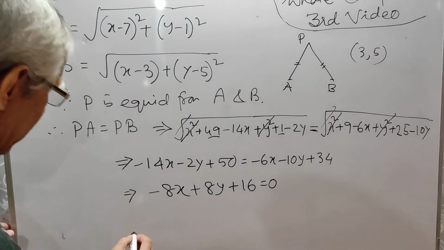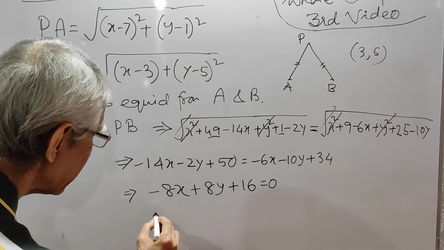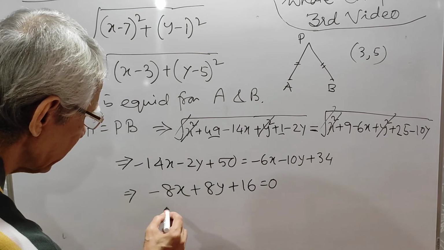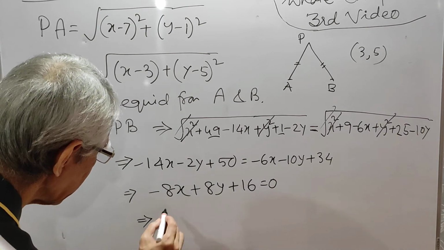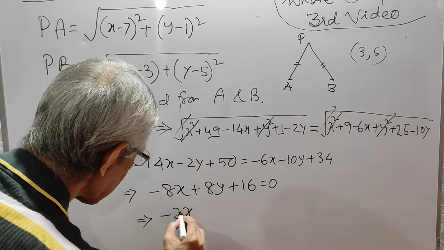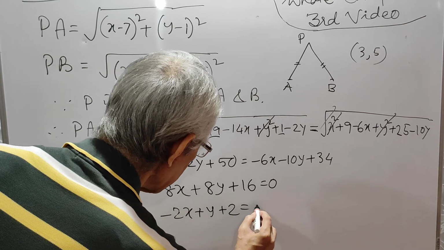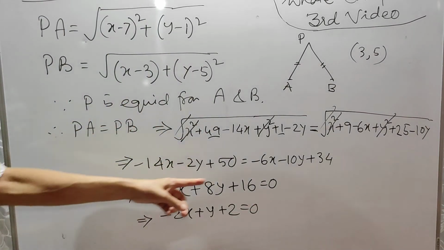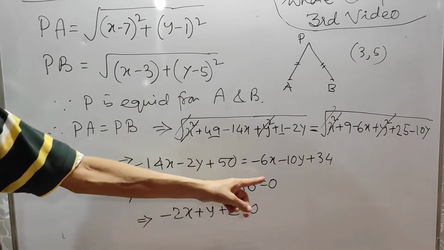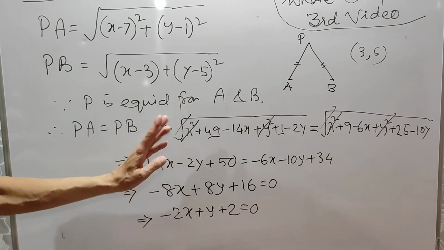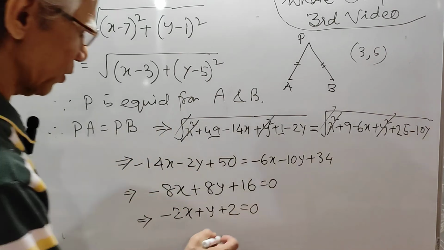Yes. So if we change the sign, what do you get? Now you can divide by 8. If you divide by 8, what do you get? Minus 2x plus y plus 2 equal to 0. We are dividing the whole equation by 2. Now just use the rule of equation. Then what do you get?